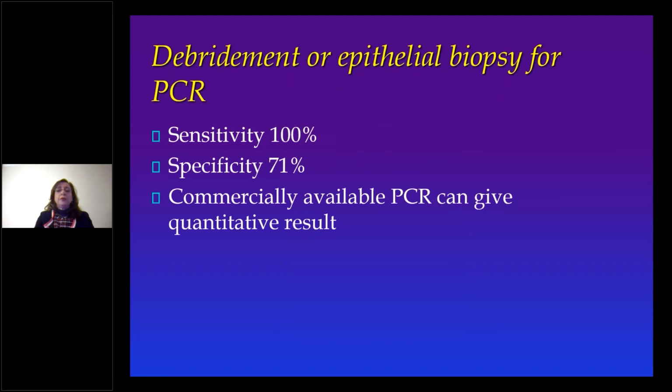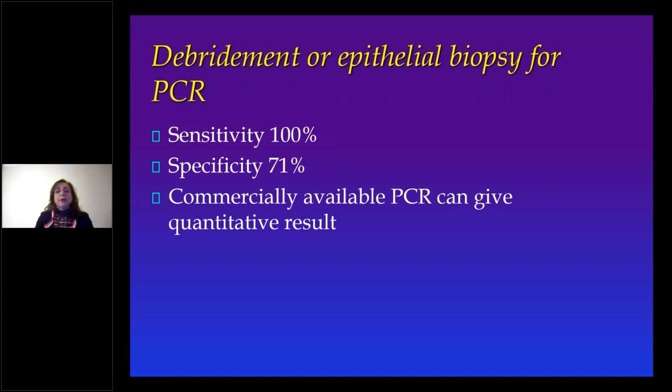So when we do debridement of the epithelium or take an epithelial biopsy and send for PCR, the polymerase chain reaction shows sensitivity in 100% of cases. However, it's not very specific, because the viral amplification will happen whether the virus is latent, so previous infections, or the virus is active.